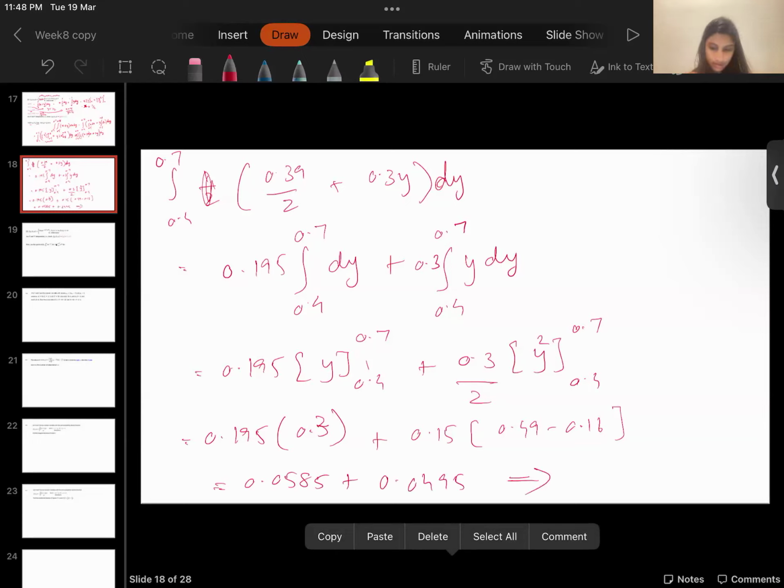So the final answer is 0.0495 plus 0.0585, which is 0.108. So this is your final answer.